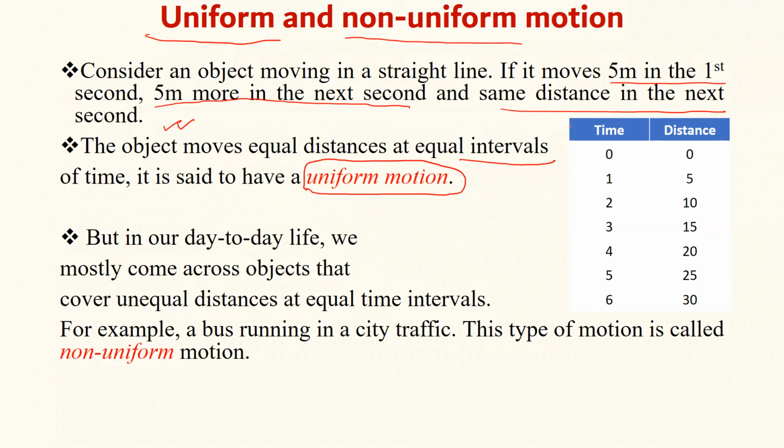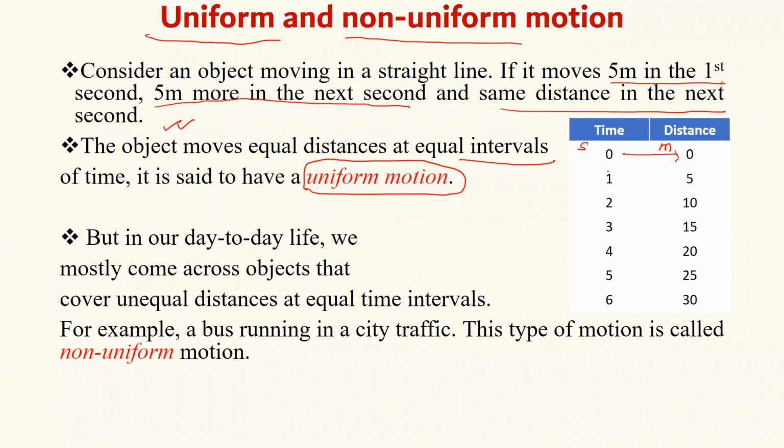Here an example has been given so that you understand it better. Here it is time and distance. Time is measured in seconds and distance is measured in meters. Suppose at time t equal to 0 seconds, the object is at rest, so the distance covered by it is 0 meters.